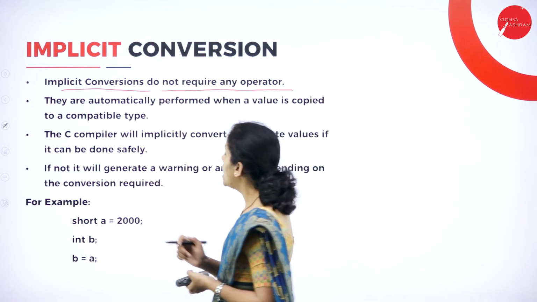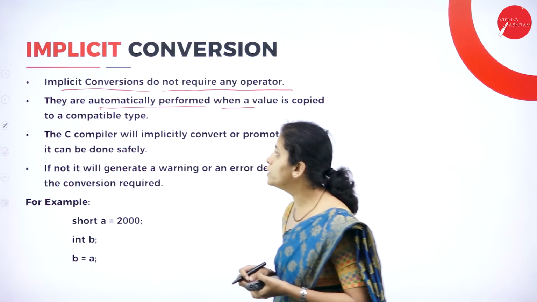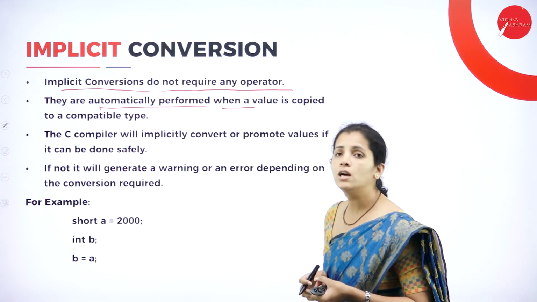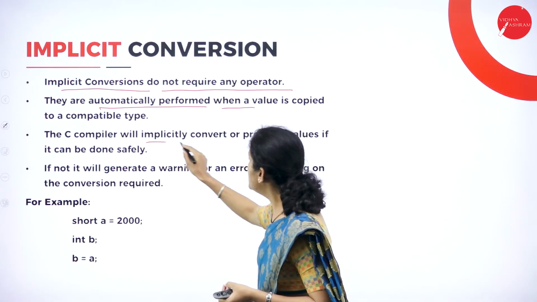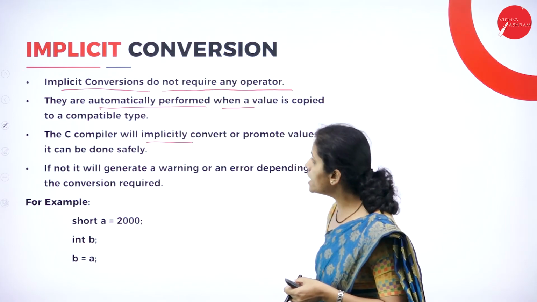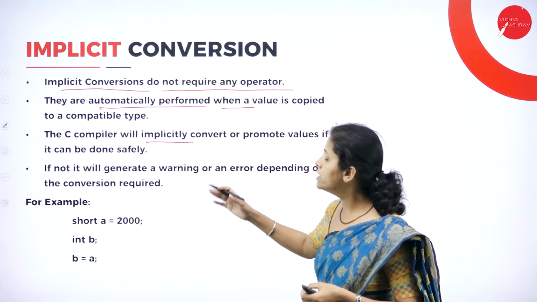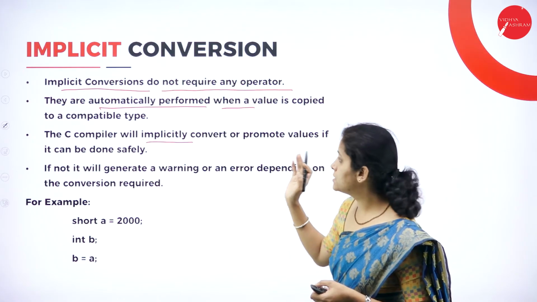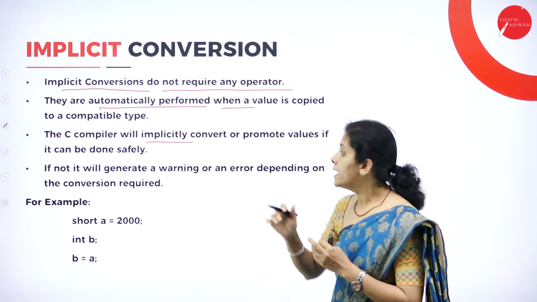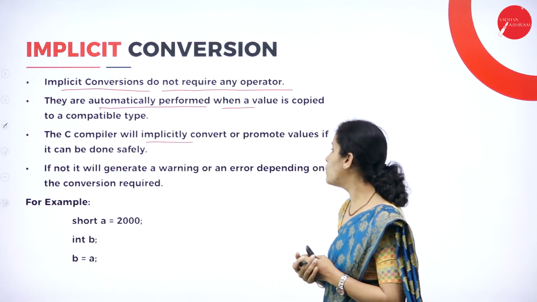So they are automatically performed when a value is copied to a compatible type. The C compiler will implicitly convert or promote values if it can be done safely. So here the C compiler is responsible for converting the values implicitly and it does not generate any warning.